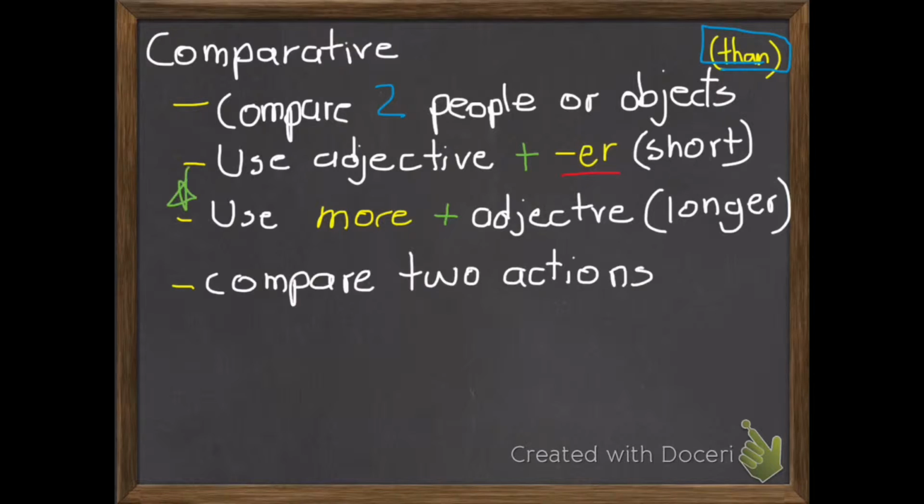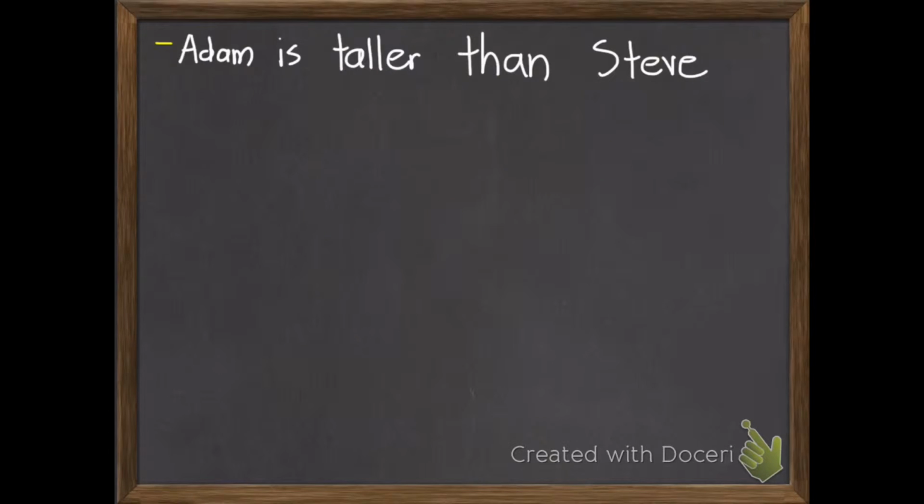It stays the same. Now, there are more different types of comparatives, but we will look at them later on when we look at some examples. And they can also be used to compare two actions. Okay, so let's look now at some examples.